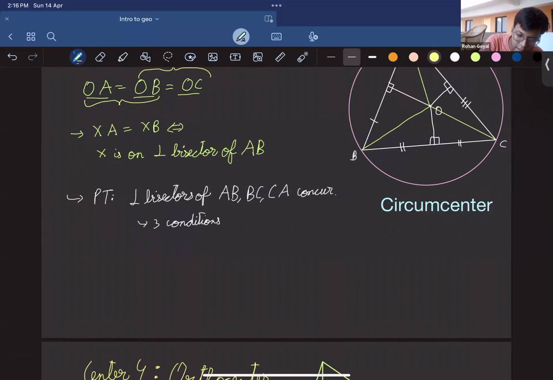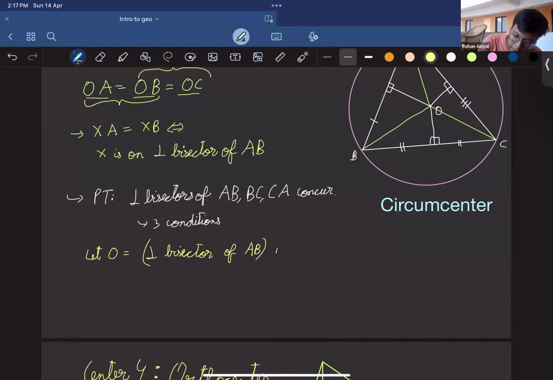We can just say, let O be the intersection of the perpendicular bisector of AB and the perpendicular bisector of BC. So what properties does O satisfy?